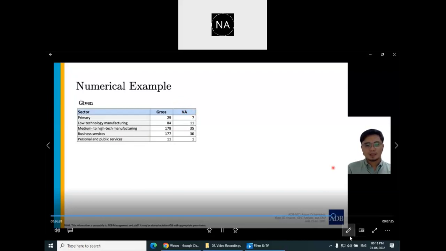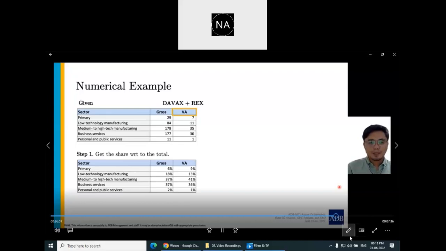One is in gross terms, while the other one is in value-added terms based on forward linkage. So value-added exports here is equivalent to the sum of DAVAX, or the domestic value added absorbed directly abroad, and then REX, or re-exports.